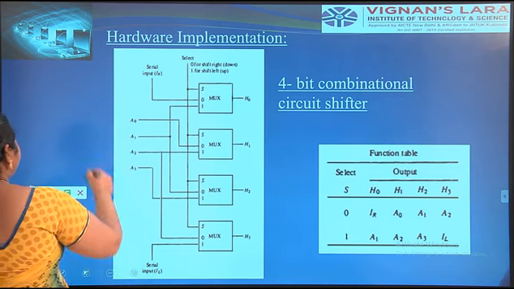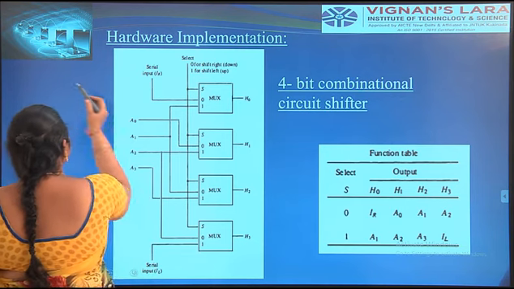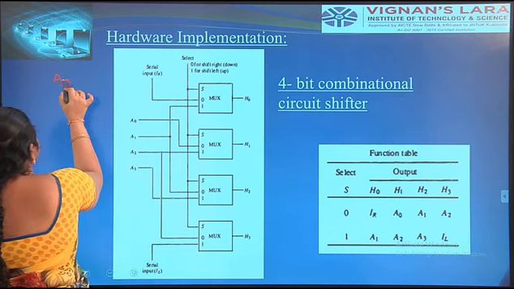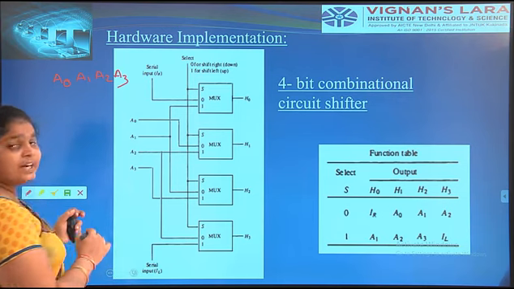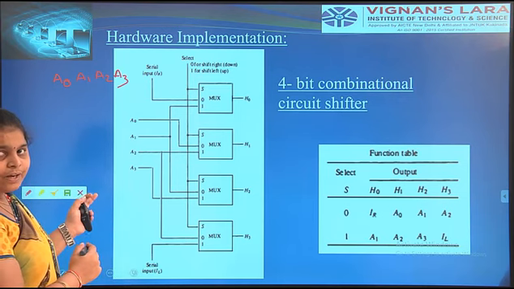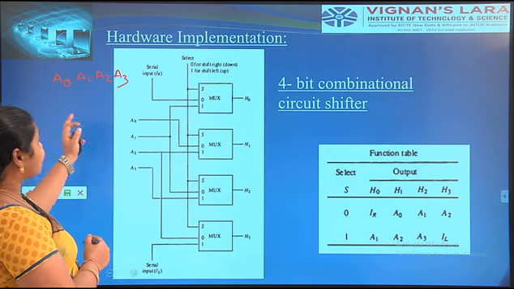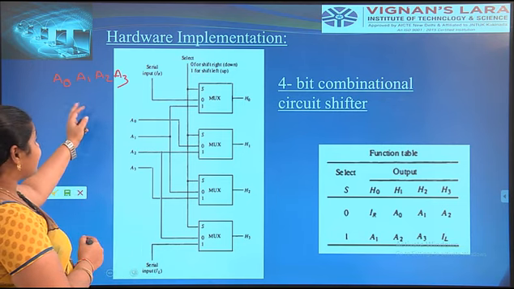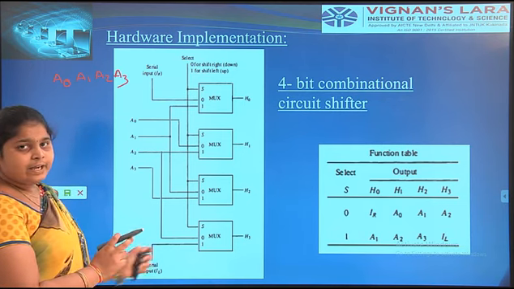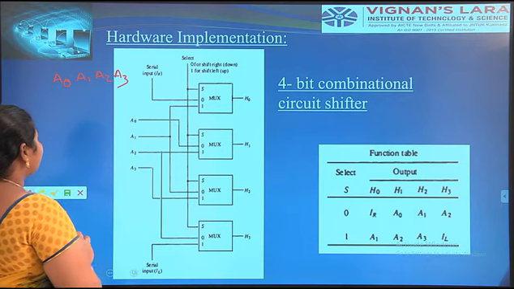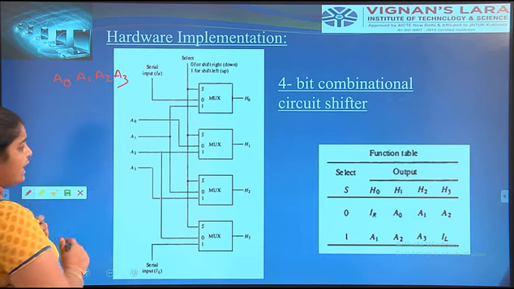For clear understanding, I repeat once again: A0, A1, A2 and A3 are the source registers for the hardware implementation of this shift micro operation. These are the inputs for this hardware implementation.